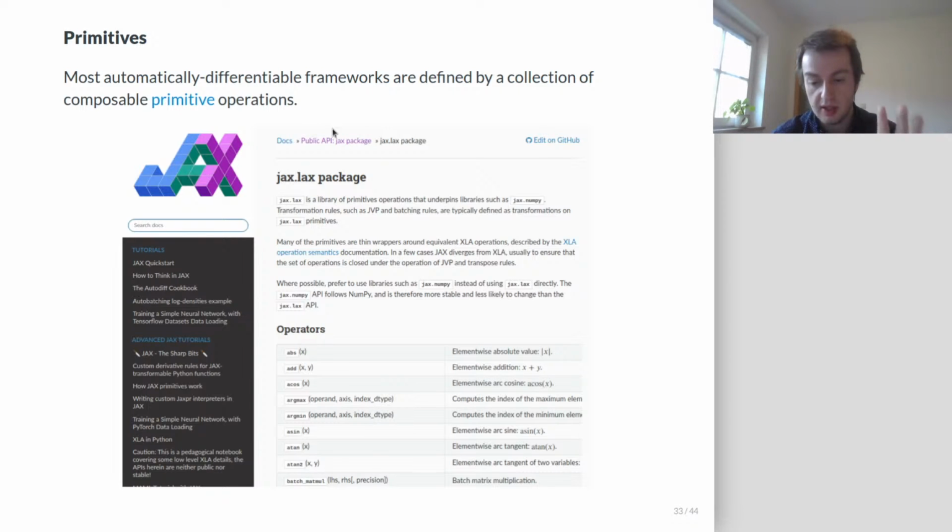But at the end of the day, they would just be a composition of these elementary primitive operations, for which the library is also defining how it can differentiate itself with respect to its argument, right?